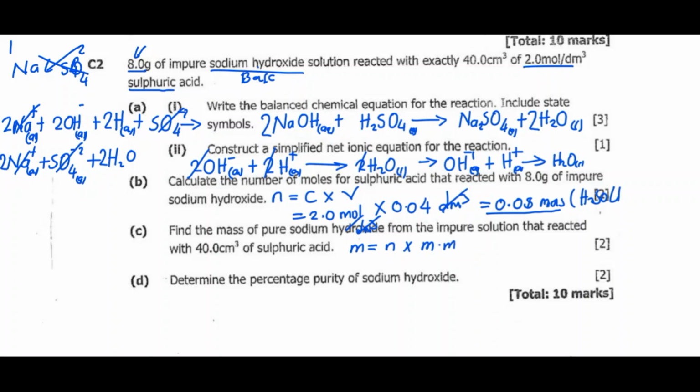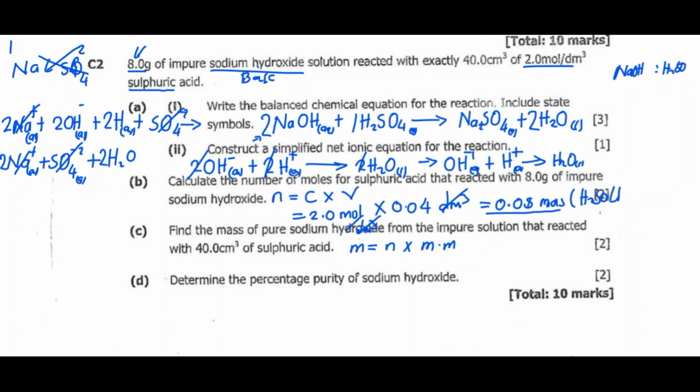So how can we find the number of moles? Let's look at sulfuric acid. Sulfuric acid has a valence of 1, then sodium hydroxide has a valence of 2. So let's use this relationship, the mole ratio of sodium hydroxide to sulfuric acid.